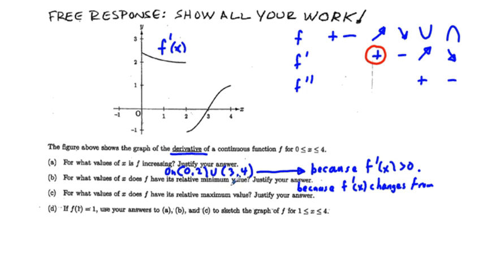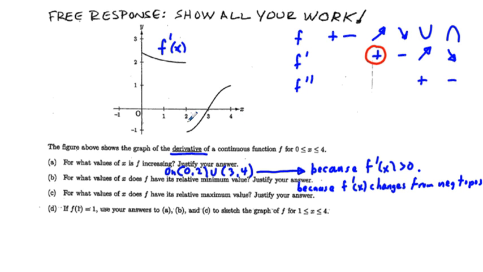Relative minimum, you're changing from decreasing to increasing, which is going to be from negative to positive. So negative to positive. And where does that occur?